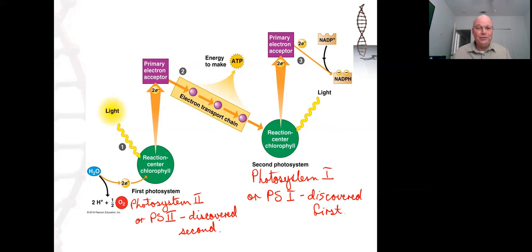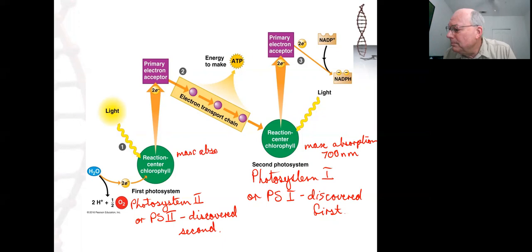And just to reinforce the fact that they are in fact very different, this has a maximum absorption at 700 nanometers. So it's in the red end of the spectrum. This has a max absorption at 680 nanometers.